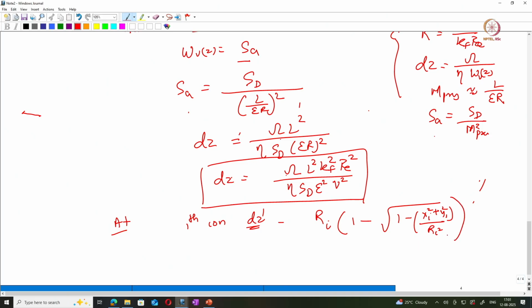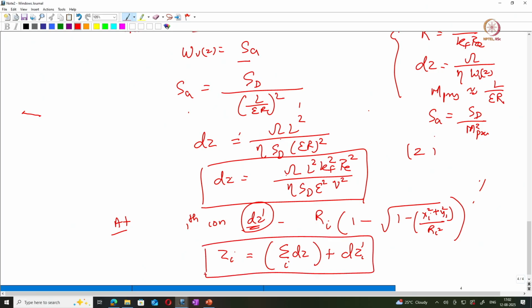For each ion we can calculate this dz dash, which is a correction to be included in the depth calculated by the earlier formula. So the z position of the ith ion can be written as zi equals the summation of dz plus dzi dash. This is how the z coordinate is calculated, based on the assumption that field evaporation takes place atom by atom, or by the layer method.